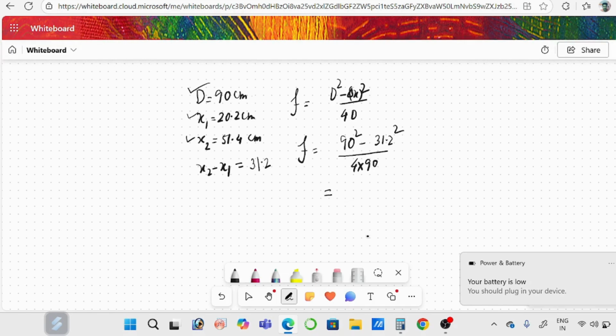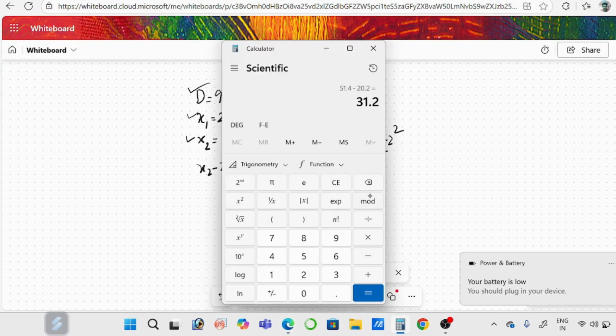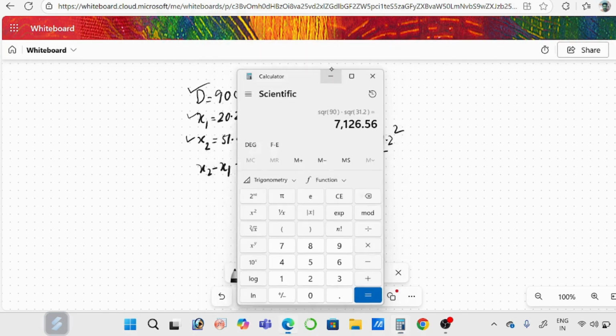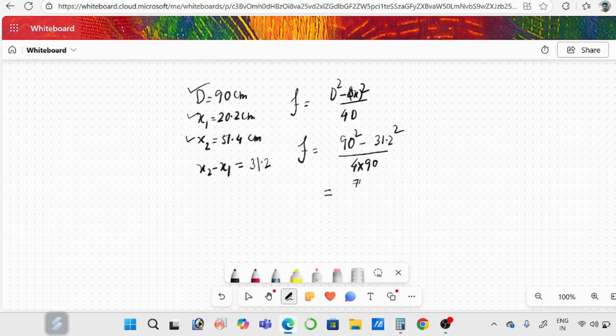So 90 square minus 31.2 square is equal to 7126.56.